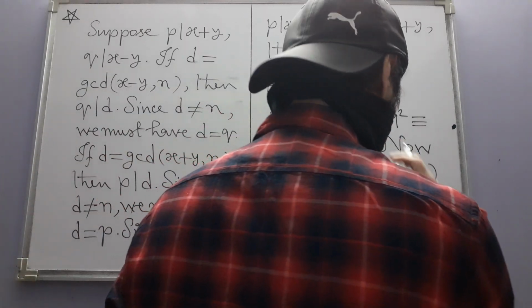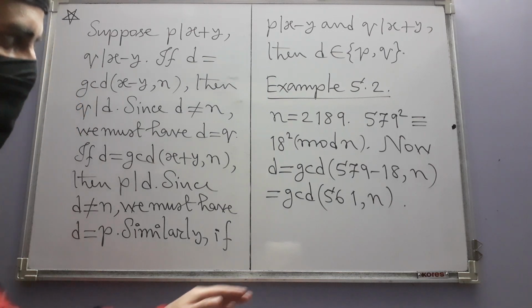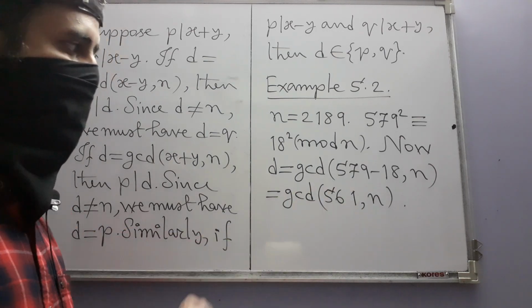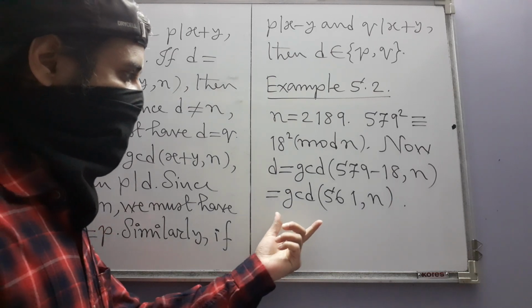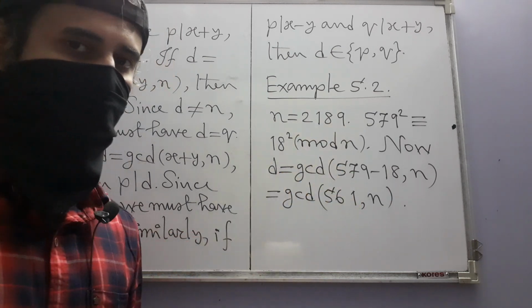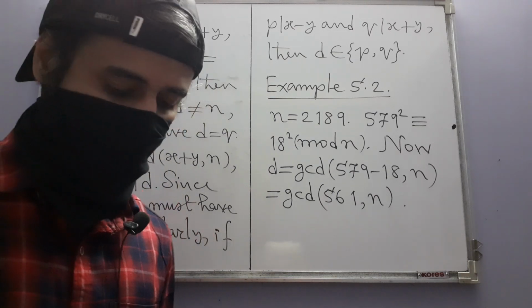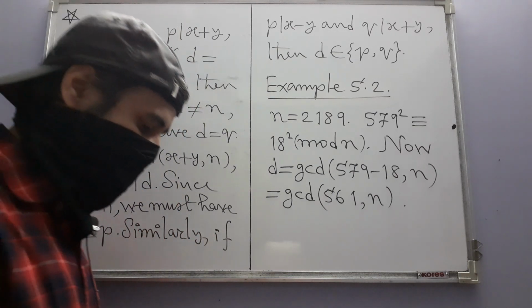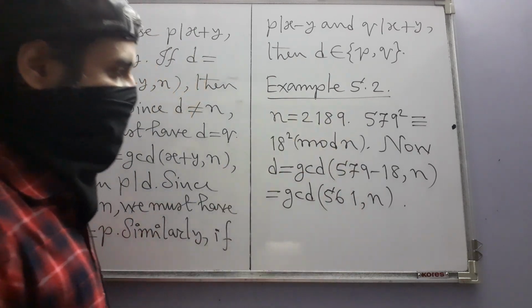Now, if one goes through the calculations of Euclidean algorithm, of course, this number 561 is less than n. So, ideally we should start by dividing n by 561. If you recall, that's not necessary in fact. You can actually start by dividing 561 by 2189.